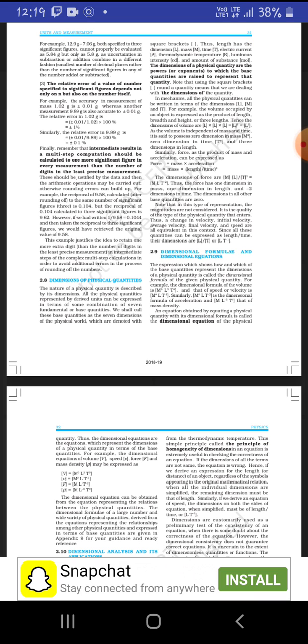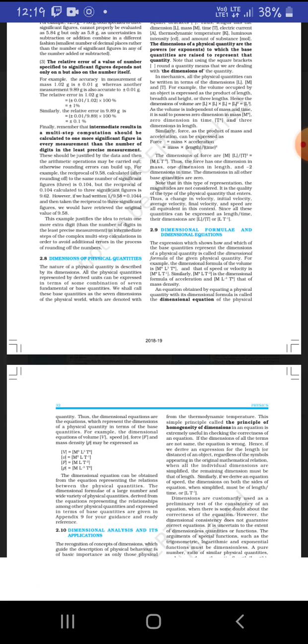Like that, ML by T. Force is equal to mass into acceleration, so acceleration is length by time squared. L is length, T is time squared, so we can write as MLT to the power minus 2. When we add all the things we can write like that.